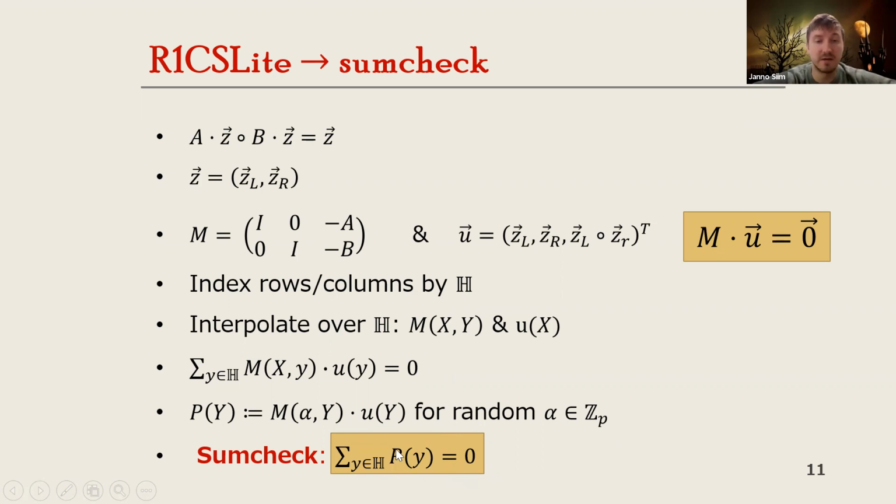So basically, you have some polynomial evaluated at points in some set H, and these are summed together, and they are equal to 0. Even if you didn't follow all the details in this transformation, it's important to note that we can go from R1CS-like to this sum check form. So if we can do the sum check, then we can verify that some circuit is satisfied.